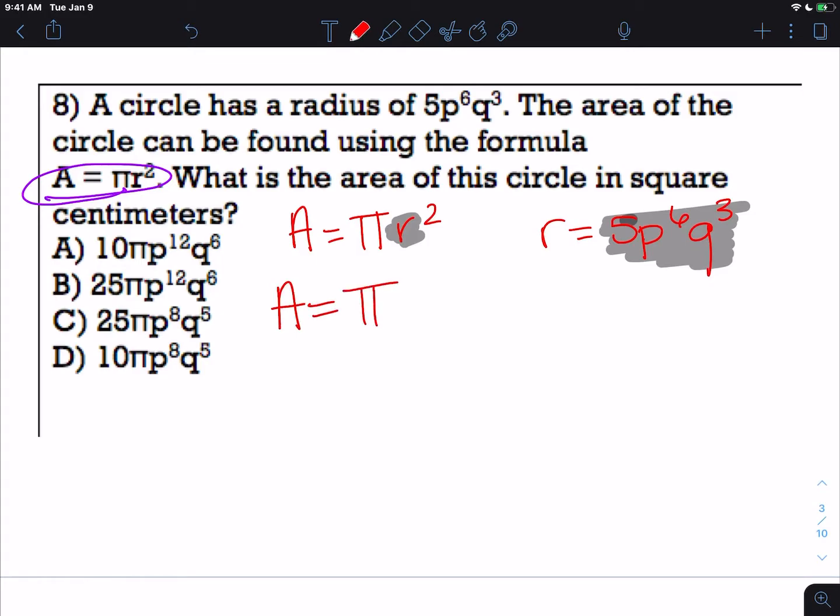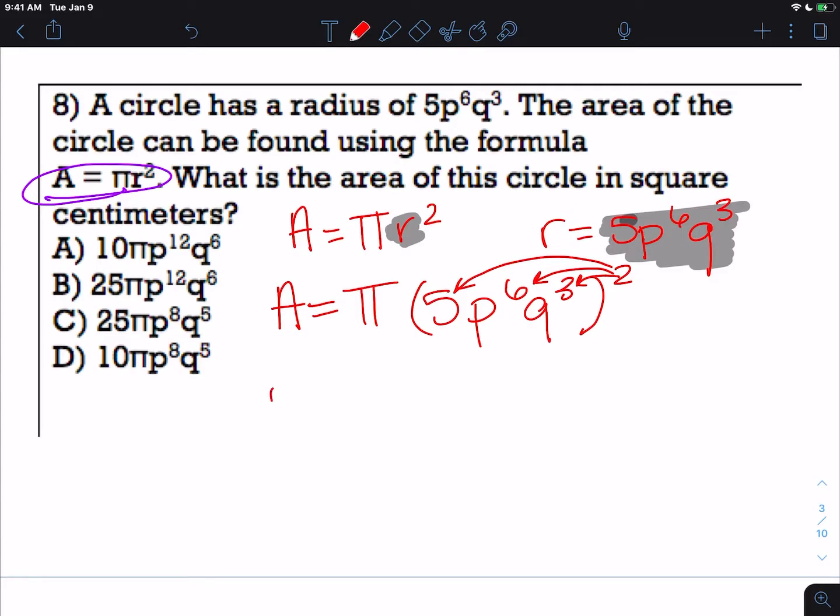Area equals pi, parentheses, 5p to the power of 6, q to the power of 3 squared. So remember, what this means is it's multiplying times itself. Because this one doesn't have a plus or a minus inside of the parentheses with another term, I could just go ahead and distribute the exponent to each exponent, or I can make a copy of it and multiply it by itself.